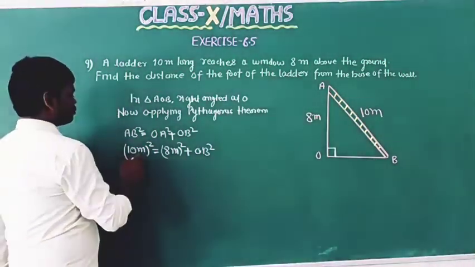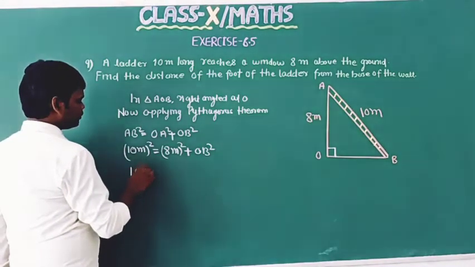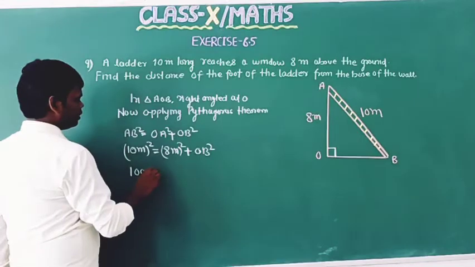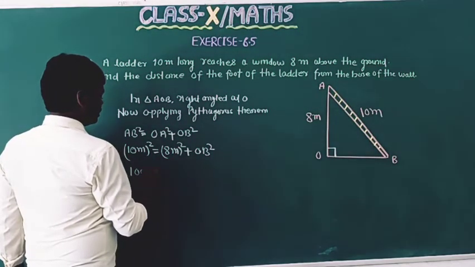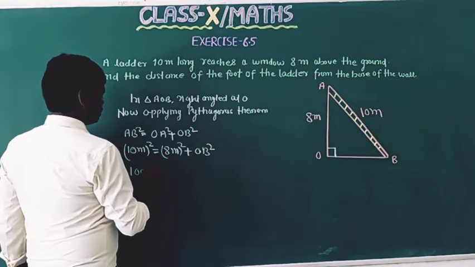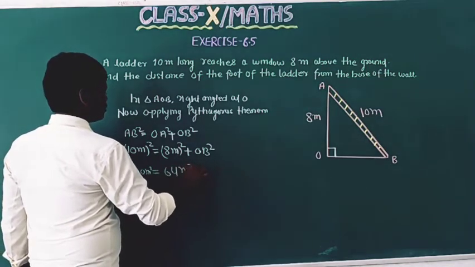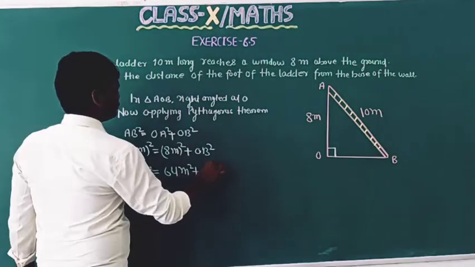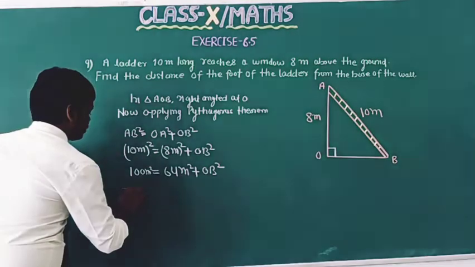So 10 square is 100 equal to 8 square, 64 meter square, plus OB square, and here we need to find the value of OB.